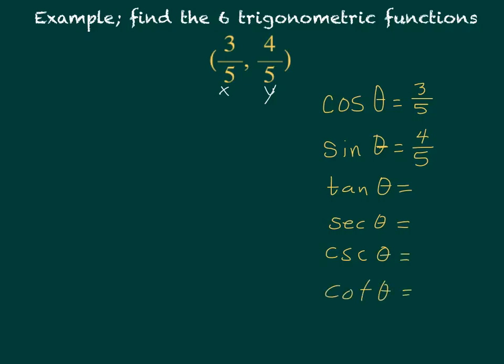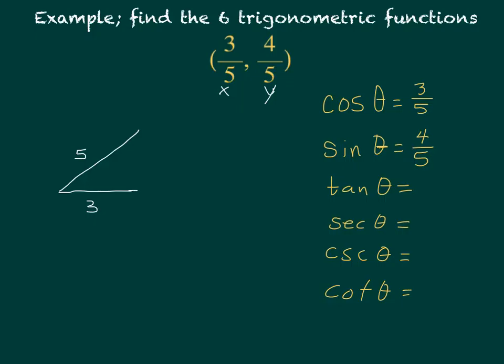Okay, now it will help me if I draw it out. So if I'm looking at this, I know that my x is cosine, so it's going to be adjacent over hypotenuse. So my x is going to come out like this, and that's going to be 3, and my hypotenuse is 5.